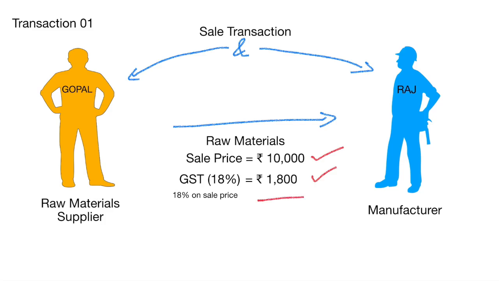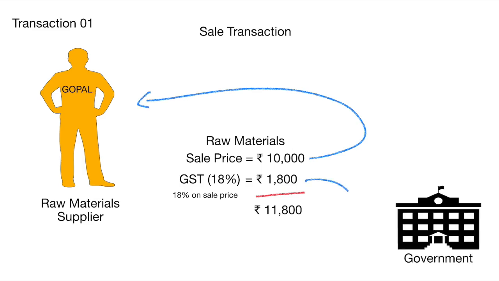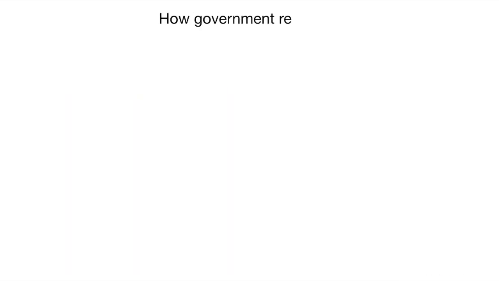Now, Gopal receives a total of 11,800 rupees from Raj. And from this he keeps 10,000 to himself and pays 1,800 as tax in the form of GST on sale to the government.